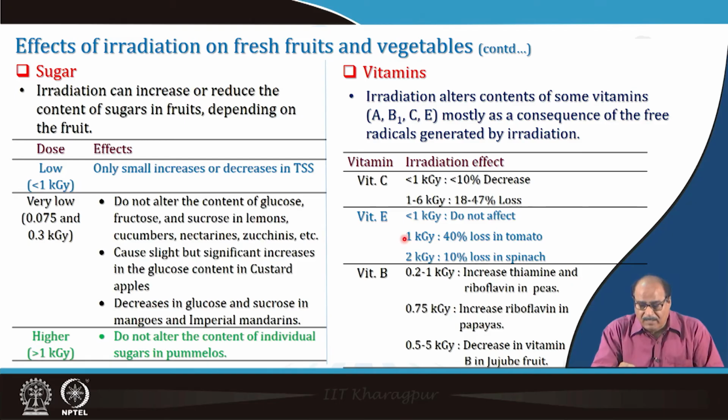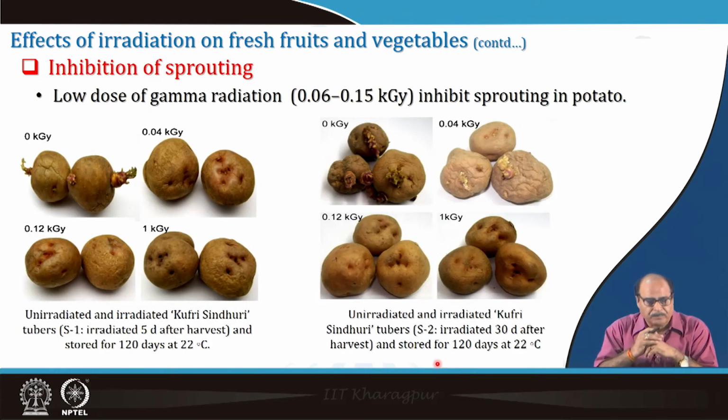For vitamin E, less than 1 kilogray does not affect; 1 kilogray causes 40% loss of vitamin E in tomato, and 2 kilogray causes 10% loss of vitamin E in spinach. As far as B vitamins, 0.2 to 1 kilogray increases thiamine and riboflavin in peas, 0.75 kilogray increases riboflavin in papaya, and 0.5 to 5 kilogray decreases vitamin B in jujube fruit.